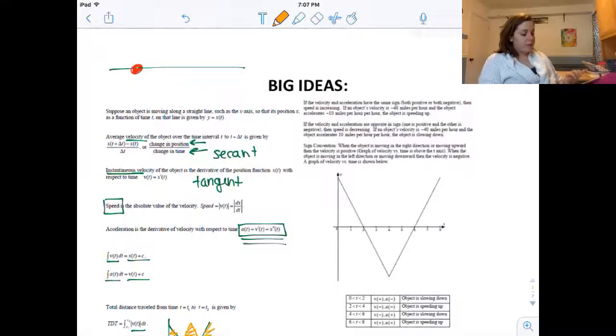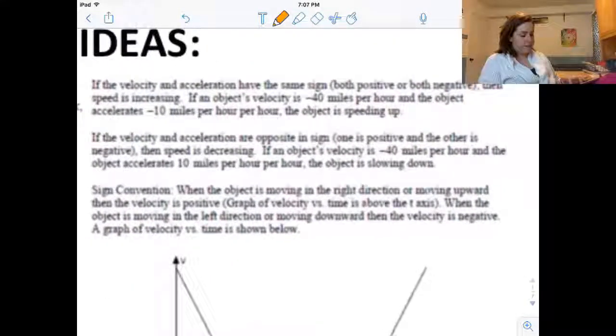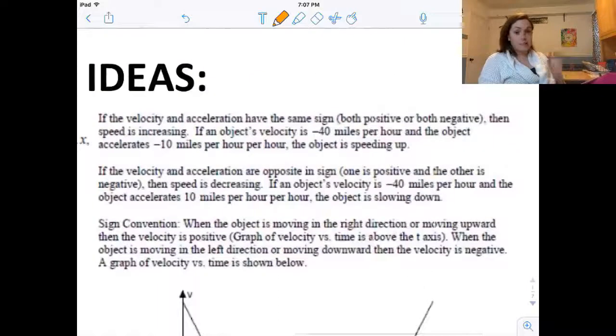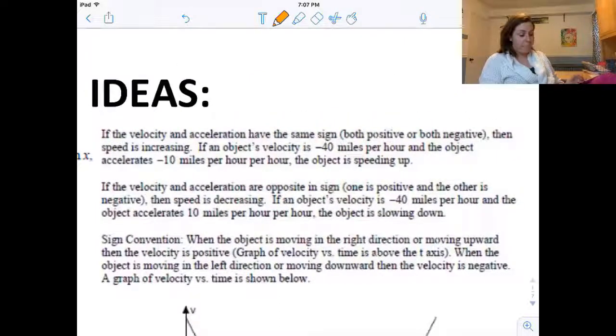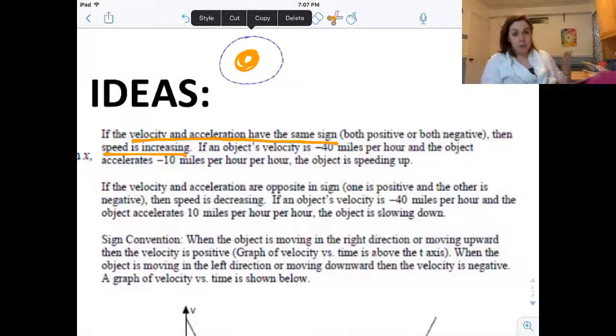I want to get a little bit more into the speed versus velocity thing. And again, this whole document is on my teacher site, so go grab it if you want it. If velocity and acceleration have the same sign, then speed is increasing. That's because if this is my little Paul the particle, and he is moving in this direction and accelerating in that direction, he's going to speed up.